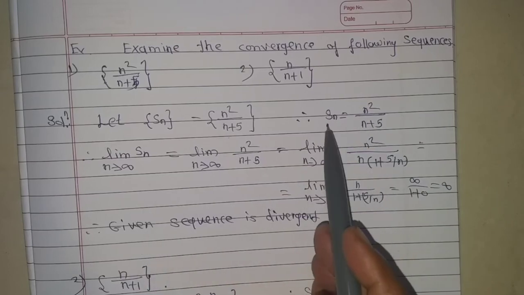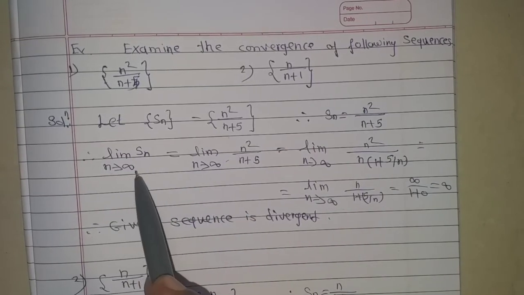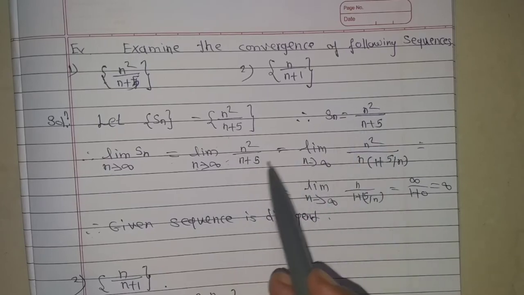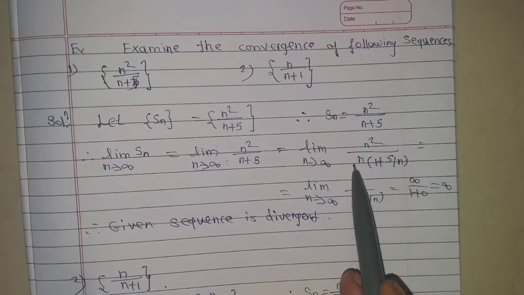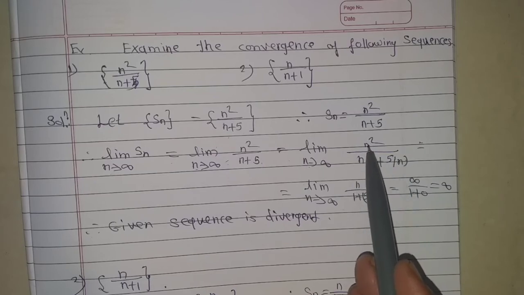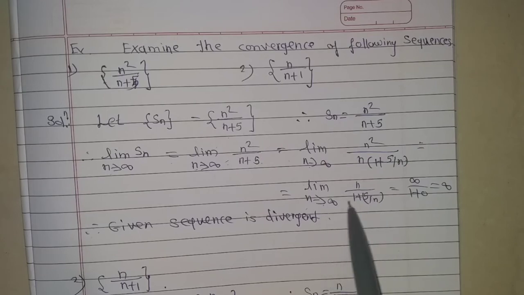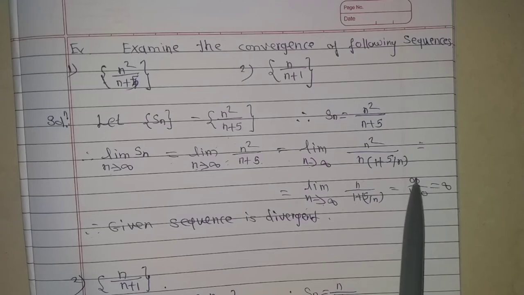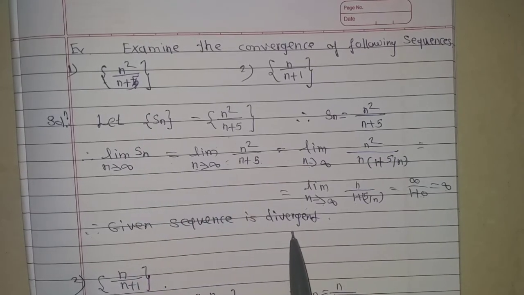By taking limit of both sides as n tends to infinity, we get limit of Sn as n tends to infinity equal to limit n tends to infinity of n square upon n plus 5, equal to limit n tends to infinity of n square upon, taking n common, n into bracket 1 plus 5 by n. n cancels, so that we get n upon 1 plus 5 by n, and as n tends to infinity we get infinity upon 1 plus 5 upon infinity, that is 0, and infinity upon 1 is infinity. Hence, the given sequence is divergent.